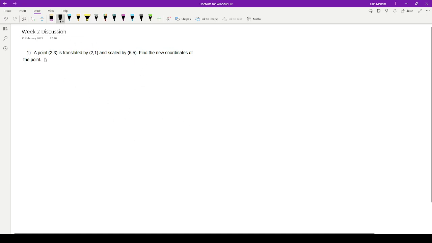So what is this? A point 2 comma 3 is translated by 2 comma 1 and scaled by 5 comma 5. Find the new coordinates of the point. So do you think this is a geometric transformation? Yes, because first translation, then it is followed by scaling.